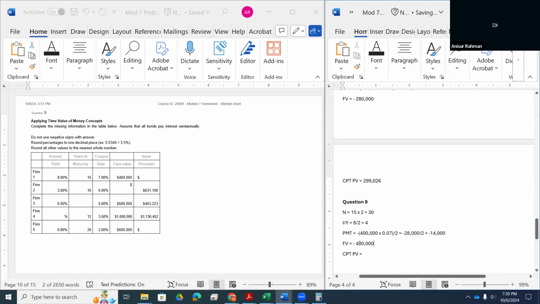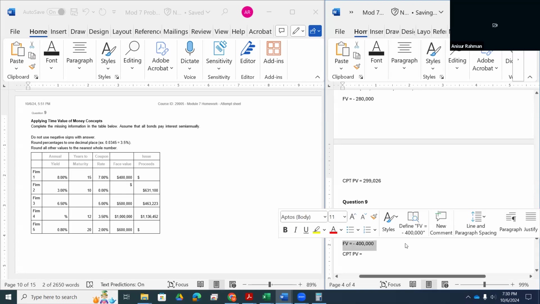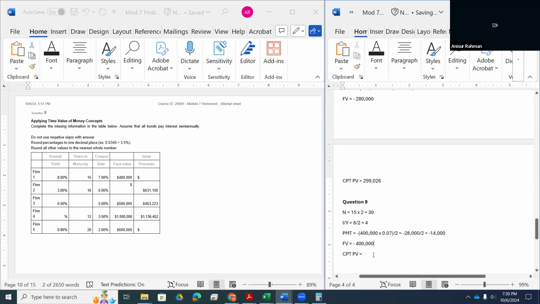So you don't have to adjust the future value because this is just at the end of the maturity. Now, if we calculate this, you should get 365,416 to the nearest whole number.